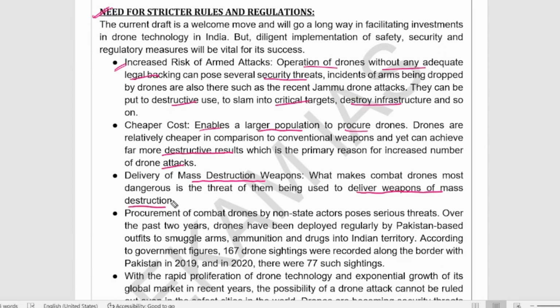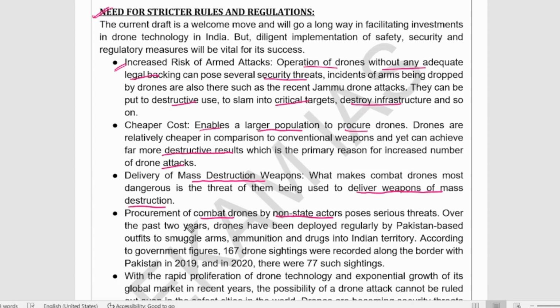Now, the procurement of combat drones by non-state actors. What do you mean by non-state actors? Non-state actors are basically those organizations which are not financially funded by the state, for example, terrorist organizations, various militant groups, etc. If they come to procure combat drones, that also poses a very serious threat.